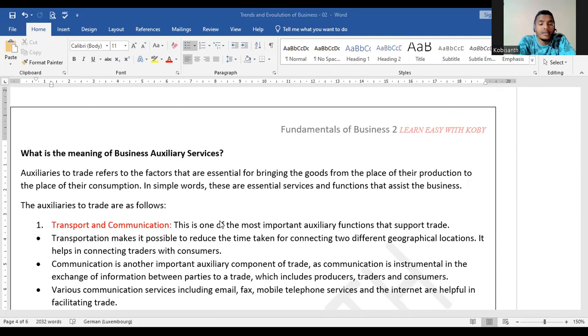You get connected maybe through email correspondence, or you send a letter in writing, or use your smartphone or mobile phone. Somehow you are getting connected with that particular person. In order to do that, you need communication. So communication is one of the auxiliary services.